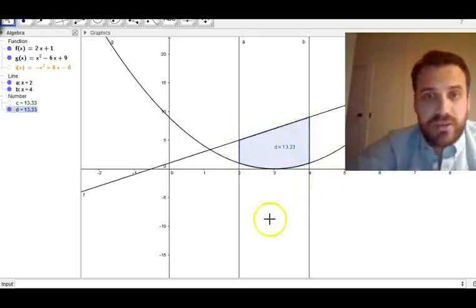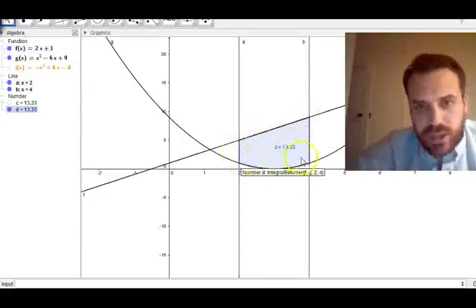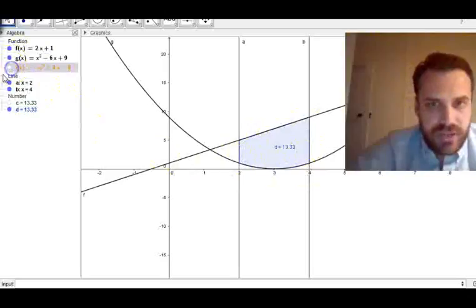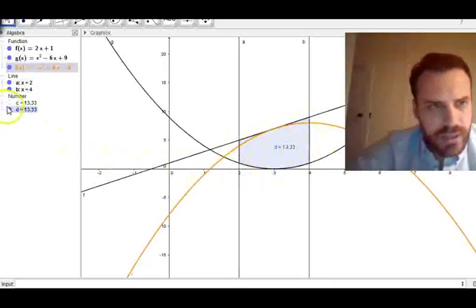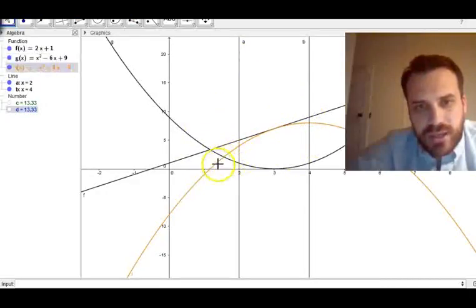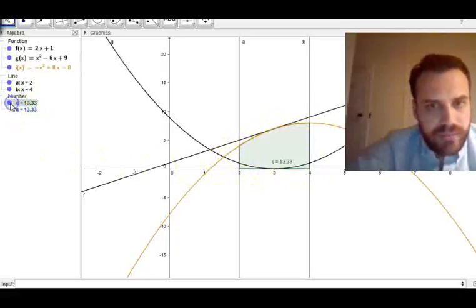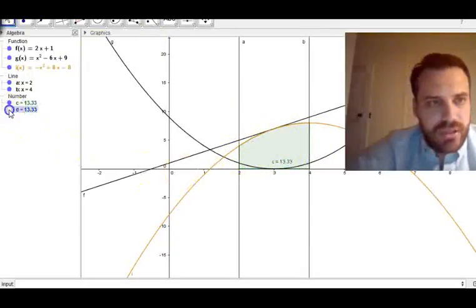Now, the way that we figured it out was to come up with a third function, I of x, which was f of x minus g of x. Remember this orange function here. Now, I want to hide that. What we then found was, we forgot all of this stuff existed, and we instead found the area between 4 and 2 under this curve and between the x-axis. And if you look at it, you can see that that area also, through the magic of integration, is 13.33.